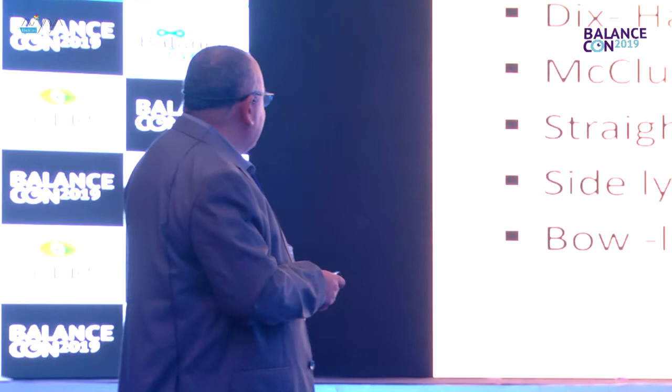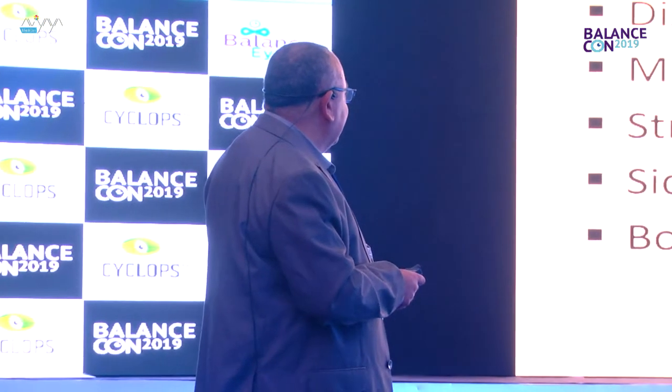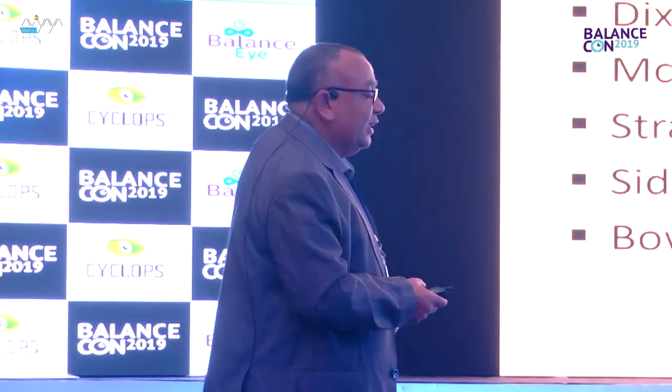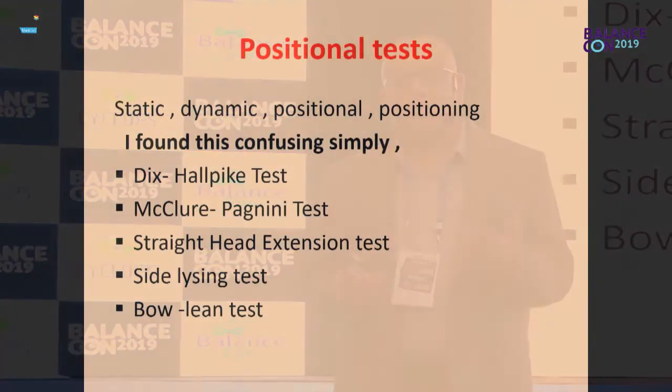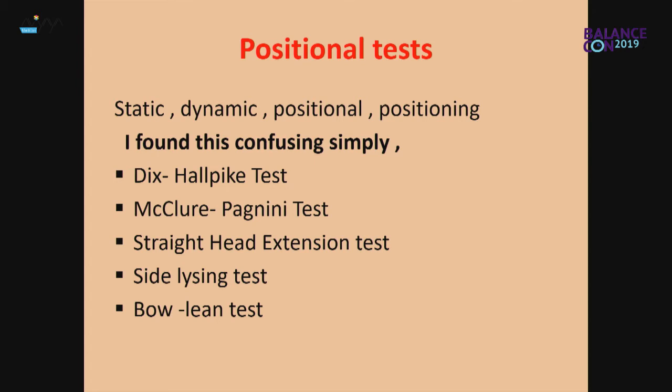Other positions can be used, such as straight head hanging or straight head extension test, and the side-lying test, which is sometimes called the Semont diagnostic test, or a modification of the positional testing for anterior and posterior canal, especially for those with back problems or neck problems.